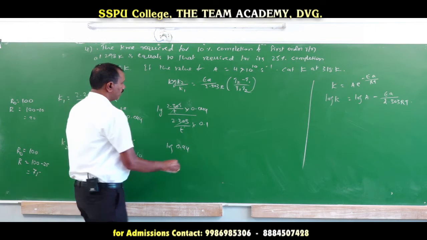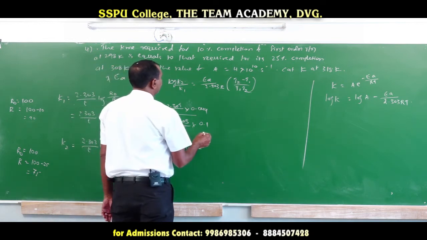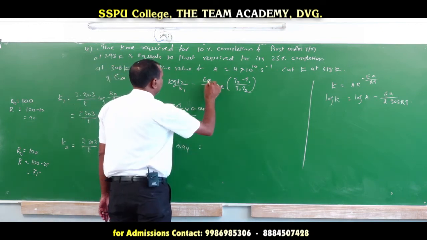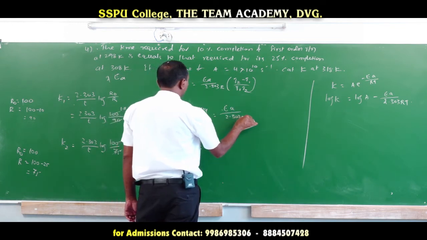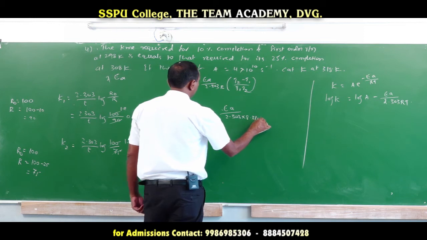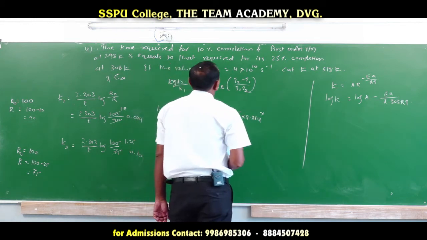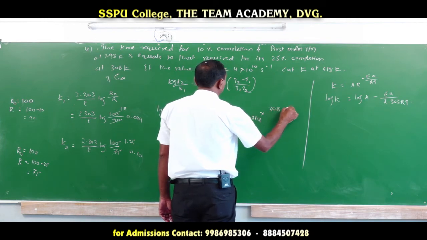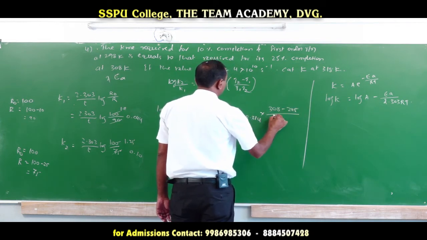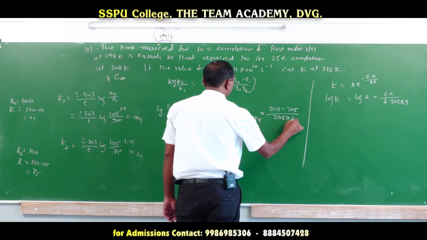That equals EA by 2.303 R value, that is 8.314 into T2 minus T1. T2 value is 308 minus 298 by 298 into 308.